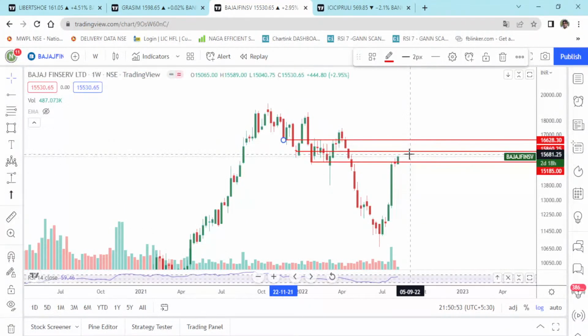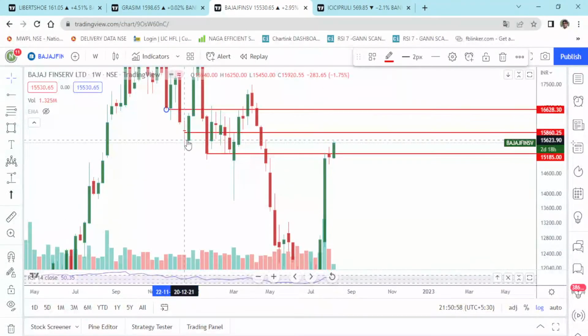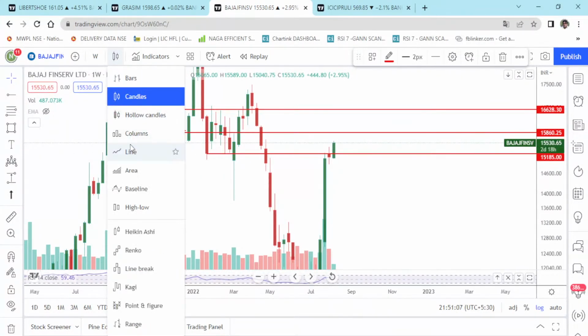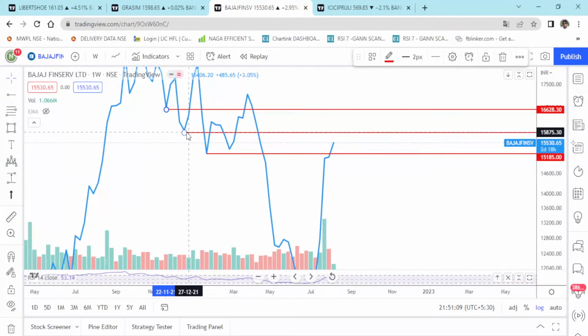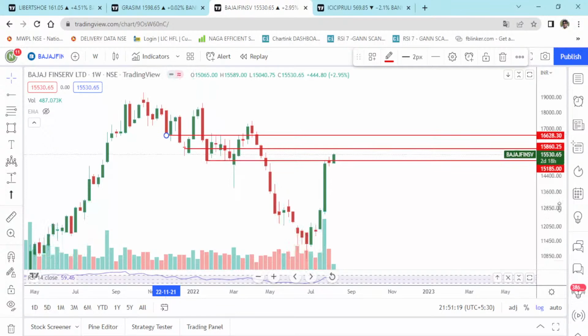So definitely the next target is around 15,860. Below that we already have resistance, almost 15,594. So we can expect the next reversal to happen at this level, which is 15,860, and beyond that we can move towards 16,628.